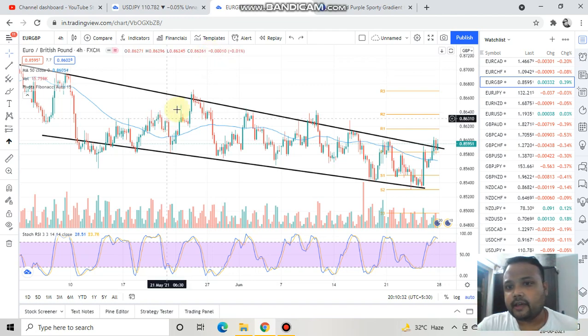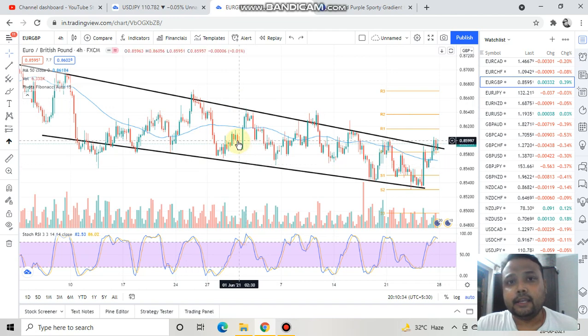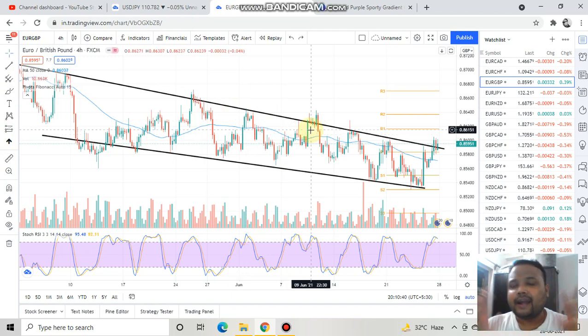In fact, you can also draw these lines in your charting platform or charting software. You can just switch to the 4 hours time frame and draw these lines. Right now you can clearly see that market is following a downward channel here. Though market is following a channel here, the channel is going towards the downside.